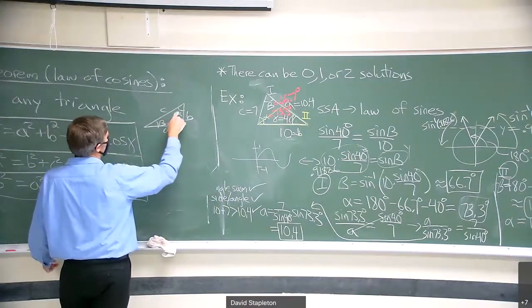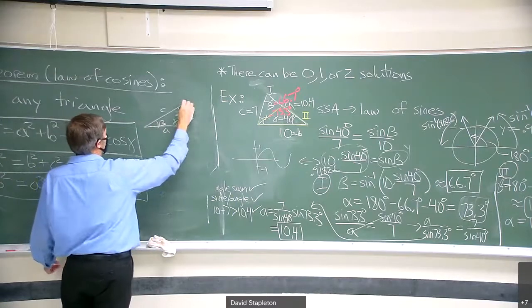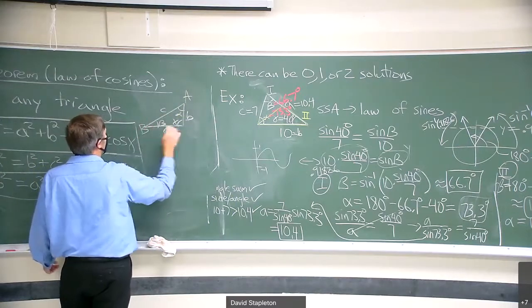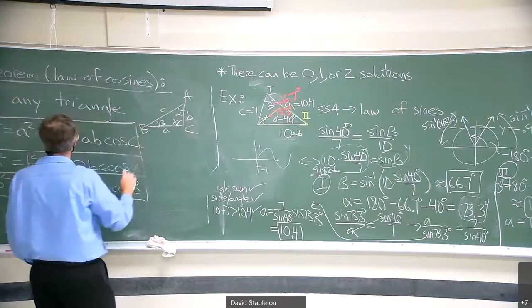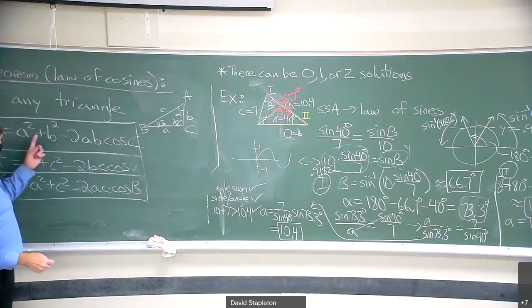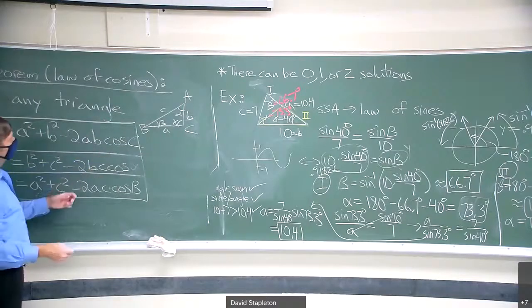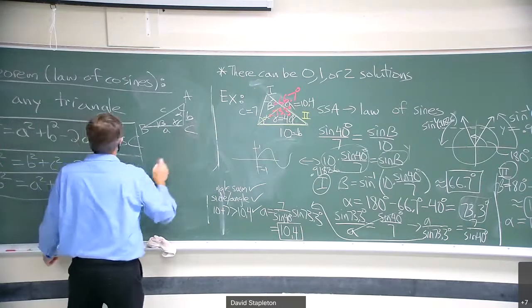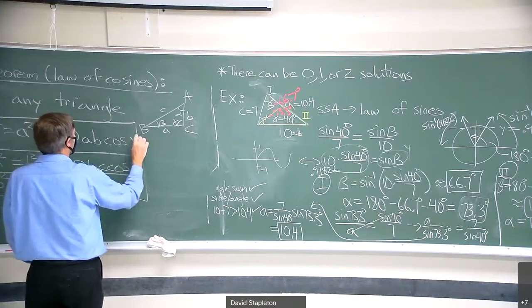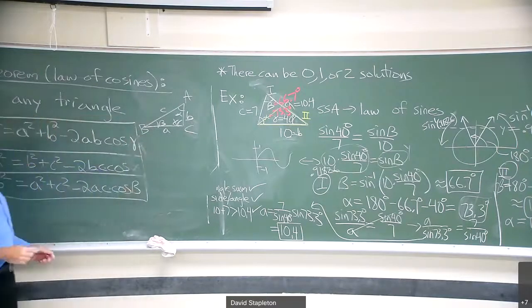Sometimes instead of labeling these alpha, beta, gamma, they'll call these angles capital A, capital B, capital C, in which case this becomes C squared equals A squared plus B squared minus 2AB cosine C. So it's easy as ABCs, right? In that sense, we'll stick with these because that's what your book does, and I think it's more common than the other one. But this will be the law of cosines, and then just relabel them and you get these two versions.